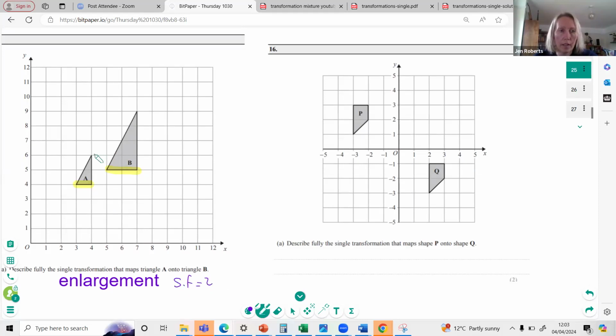Got our centre. Gonna have that corner and that corner. And then I will have this corner and this corner. They meet at the point 1, 3, so your centre is 1, 3.